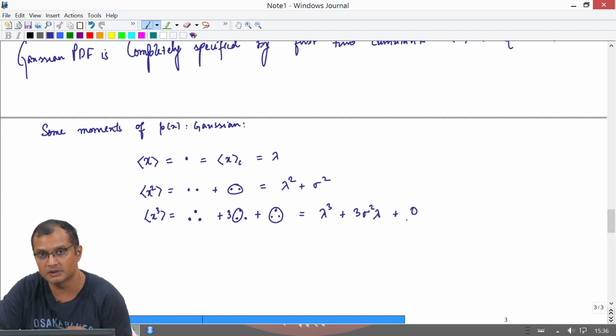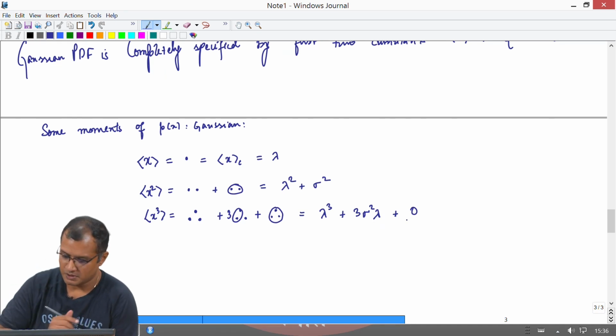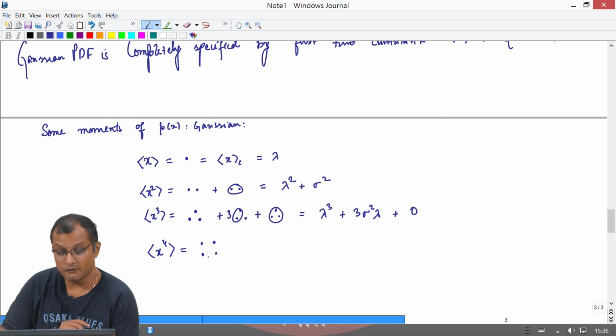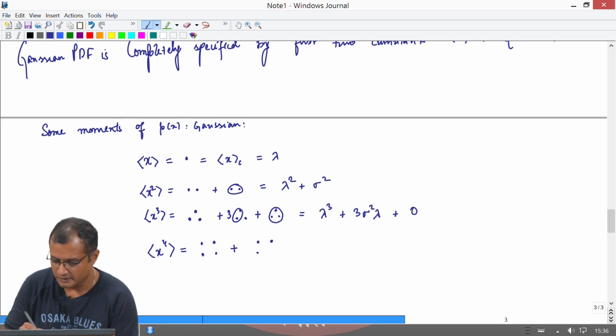We have just shown that the cumulants above order 2 are all 0, and similarly you can compute the fourth moment as 4 dots, all of them open, plus connect 3 of them.